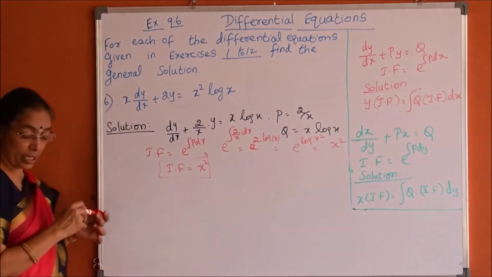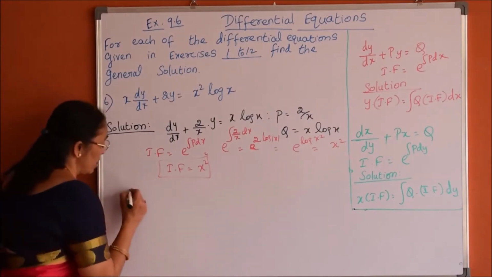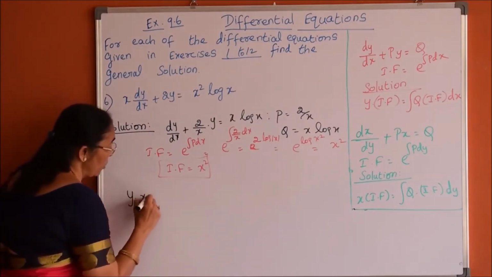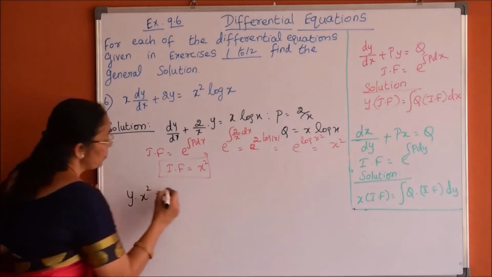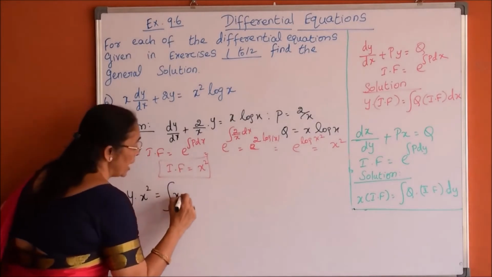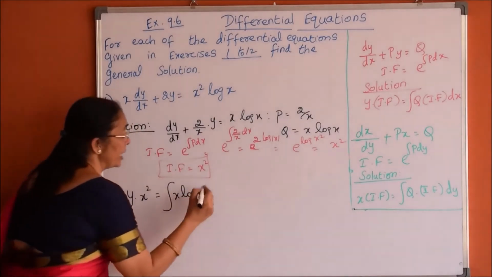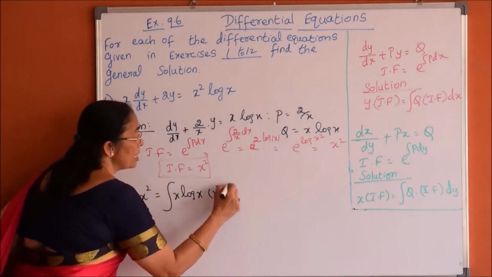Now the solution for this is y into integrating factor, y into x square, is equal to integration of the q function, q is x log x, into the integrating factor x square dx.